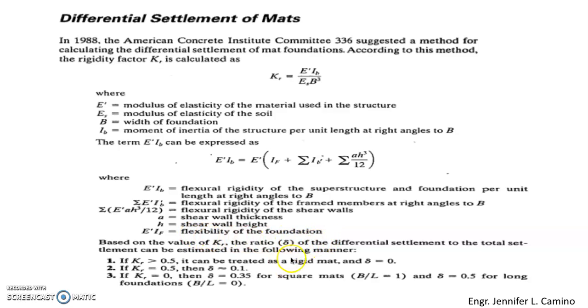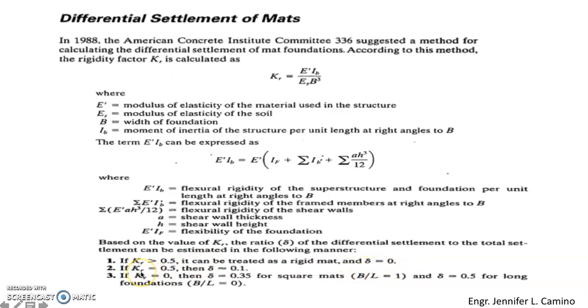However, based on the value for the rigidity factor, K sub R, the ratio of the differential settlement to the total settlement can be estimated using these specific values. The first one, if your rigidity factor is greater than 0.5, it can be treated as a rigid mat, so the differential settlement is equal to 0.